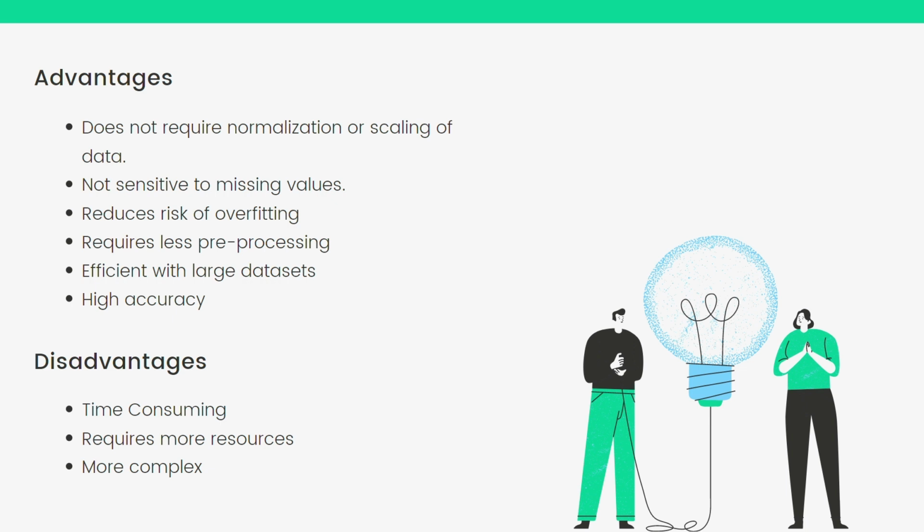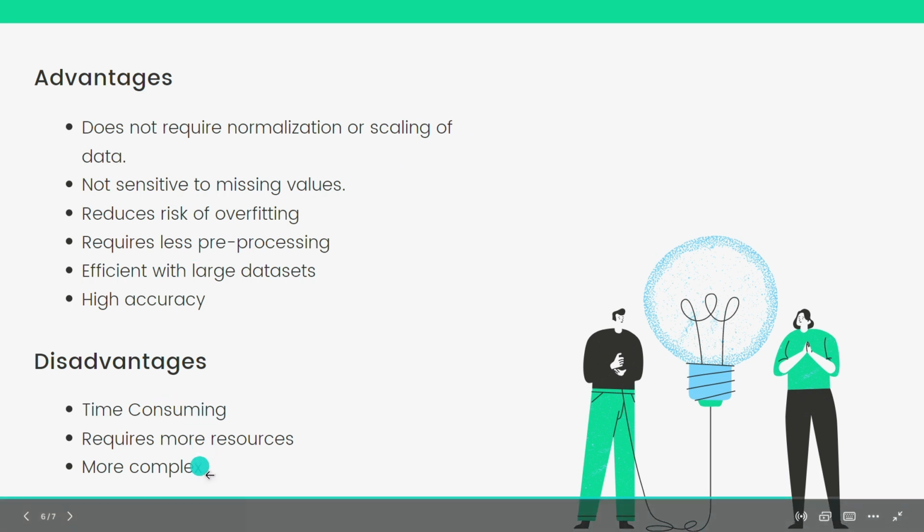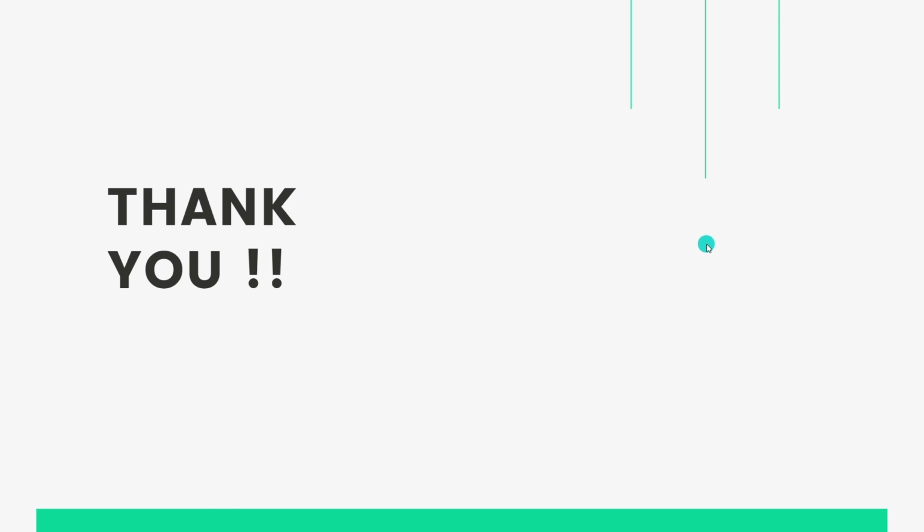So even though you will understand the logic, you know what is going on, it is more complex to actually map it out by yourself without using programming. So these are the main disadvantages. And that's it about random forest.